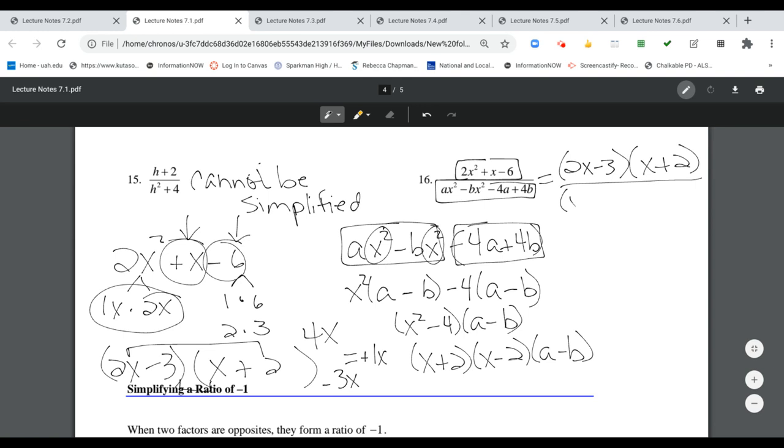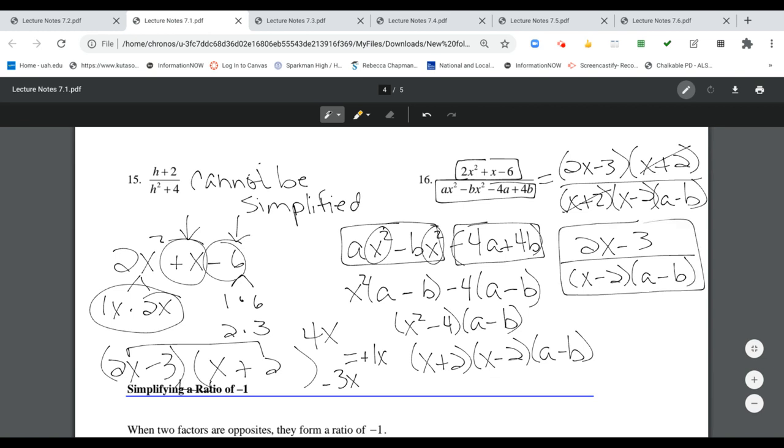So when I come up here and list all my factors, x plus 2, x minus 2, and a minus b, I can cancel the x plus 2's. So my final answer would be 2x minus 3 over x minus 2 and a minus b. That would be my final answer for that one.